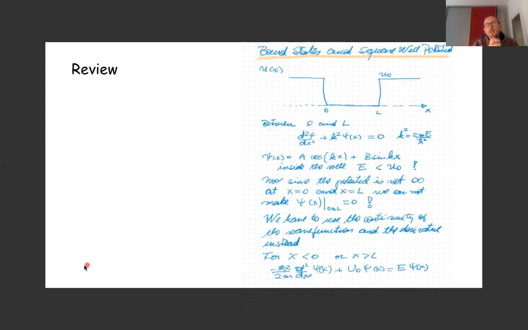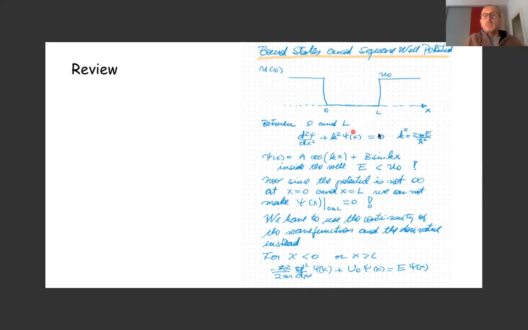This is our small review. We were looking at the Schrödinger equation in one dimension. Our first system was an infinite potential well, with this value u naught going to infinity, and that had a special requirement for the wave function that is a solution to this kind of potential.